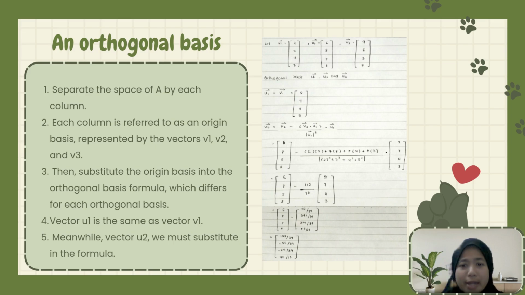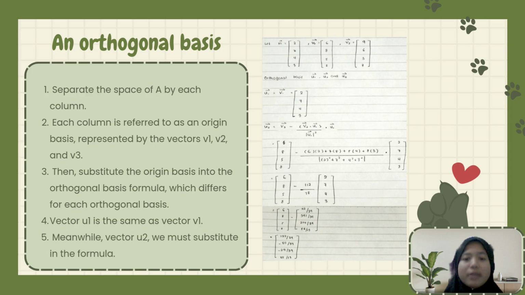Then we substitute the original basis vectors v1, v2, v3 in the orthogonal basis formula to get the orthogonal basis, which we represent as vector u1, vector u2, and vector u3. First of all, vector u1 is the same as vector v1.